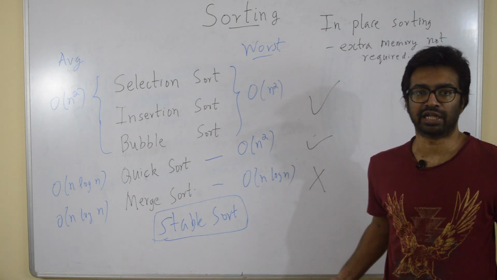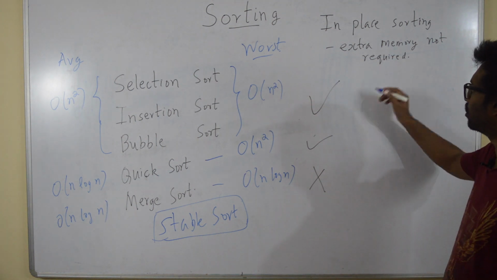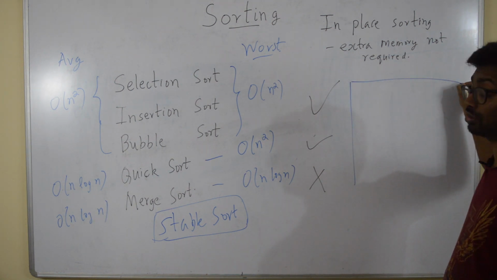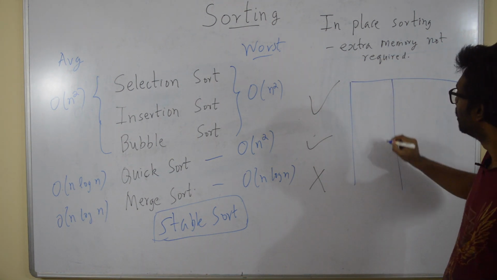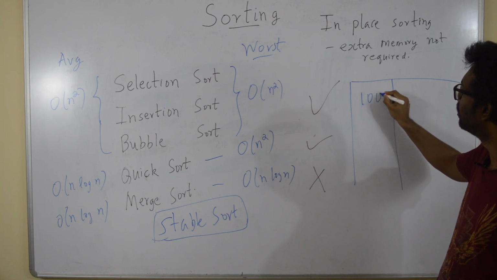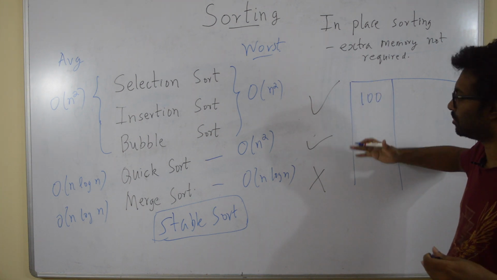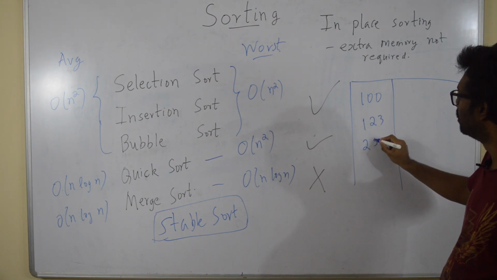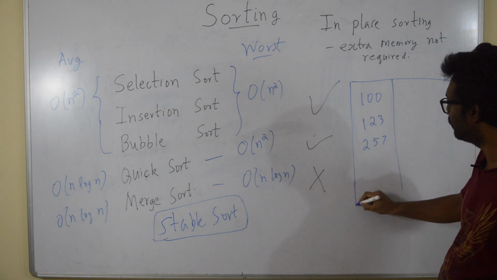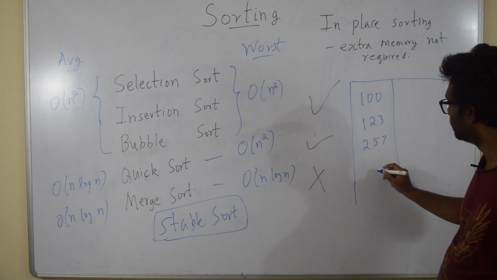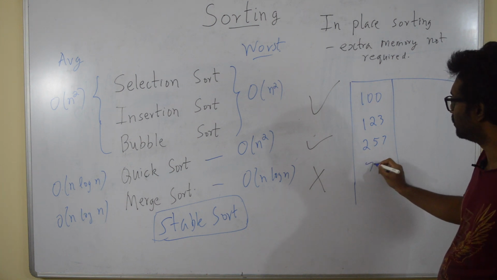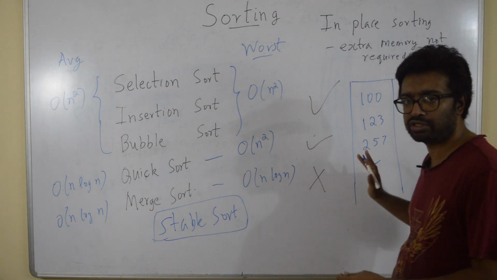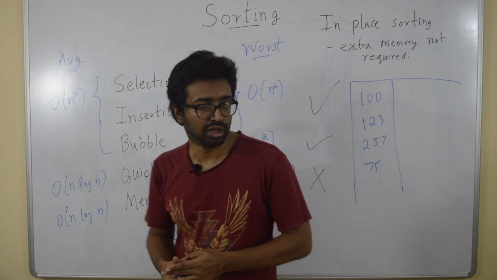You have JEE ranks. I'm going to draw some ranks here. Your marks for JEE. So you have 100, I don't know what, I'm just writing some numbers. 123, 257, etc. 75, etc. This is not in sorted order. I didn't intend it to be in sorted order.